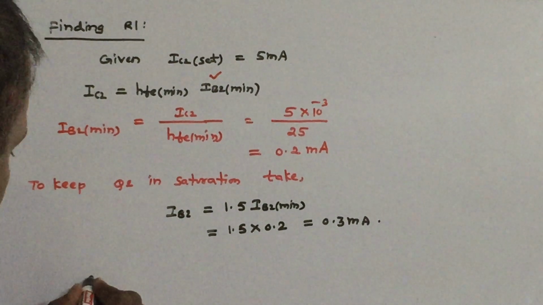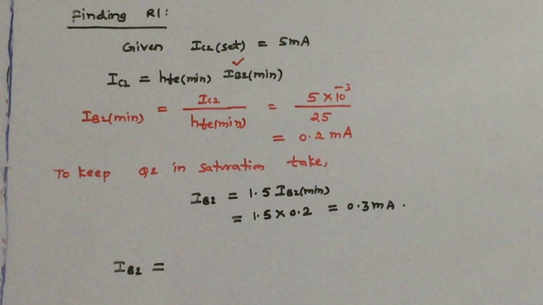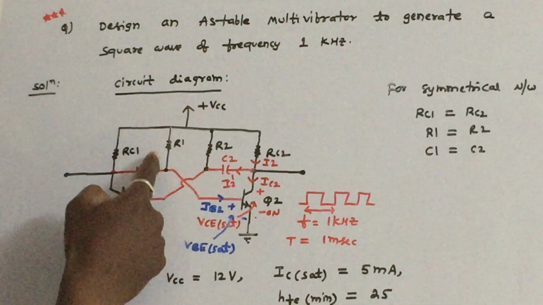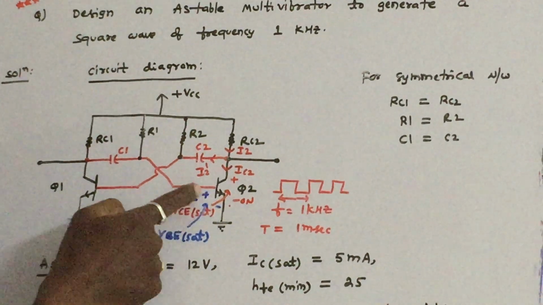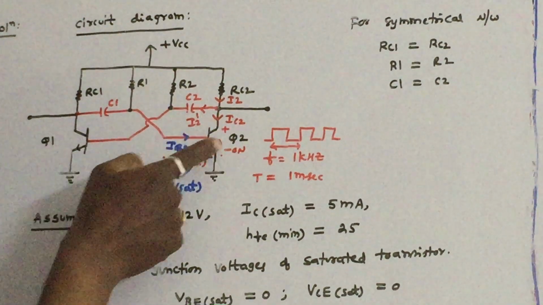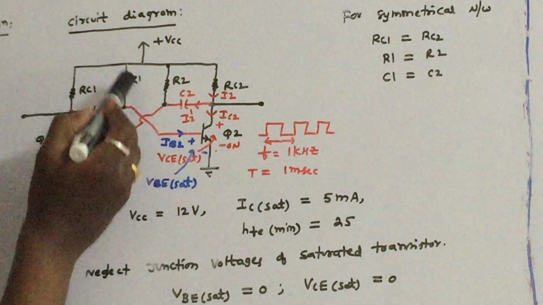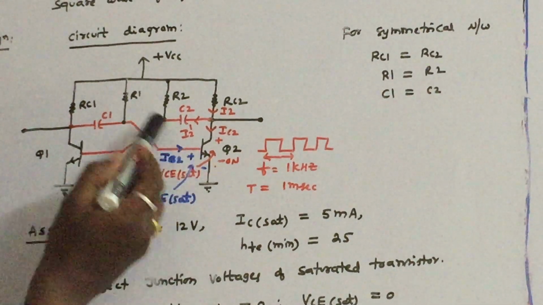Now what is the formula for the base current IB2 from this branch? VCC minus VBE saturation by R1 is equal to IB2, because when Q2 is in on condition, Q1 will be in off condition. So simply from network knowledge, IB2 is VCC minus VBE by R1.